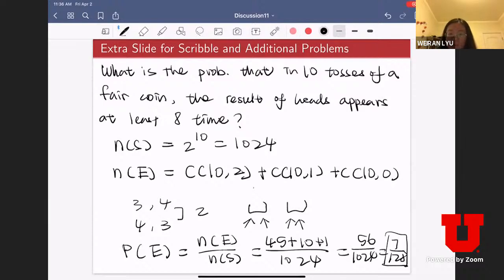For an unordered list, we can have repetition. What the repetition actually means here is that for one single toss, you cannot have 2 heads.